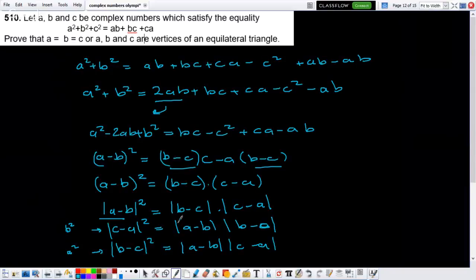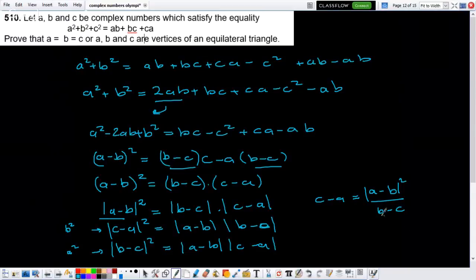And for what we are going to use this one, let's say if it is in this form, c minus a is equal to a minus b square over b minus c, it's going to be here.